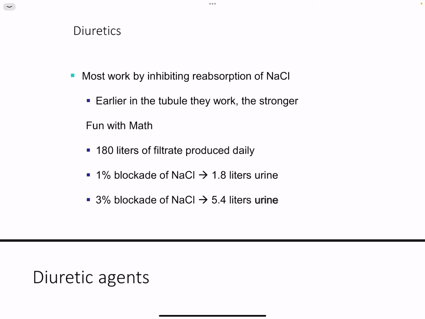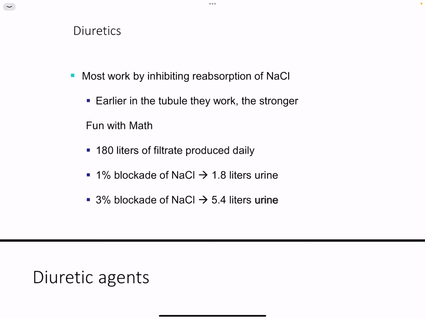What about the rest of the filtrate? Where is it going? It is reabsorbed, going back to the bloodstream. But how much is going out? Is it 20%? 20% of 180 liters will be how much?